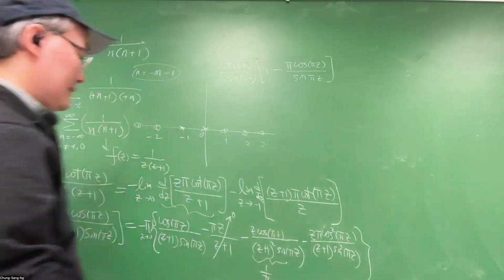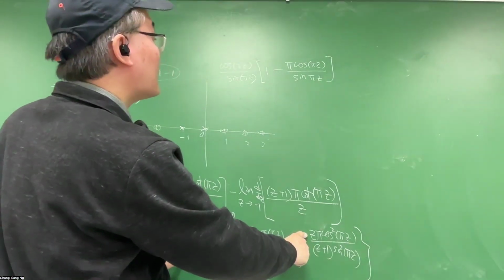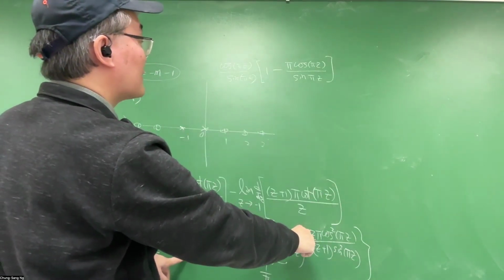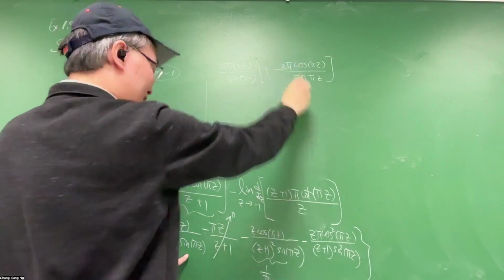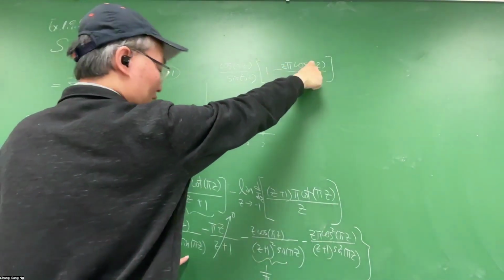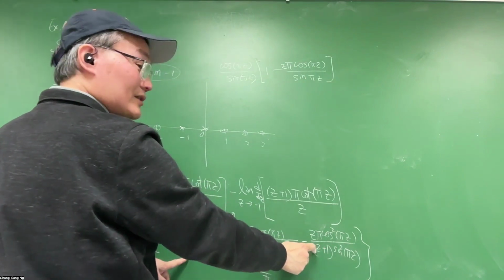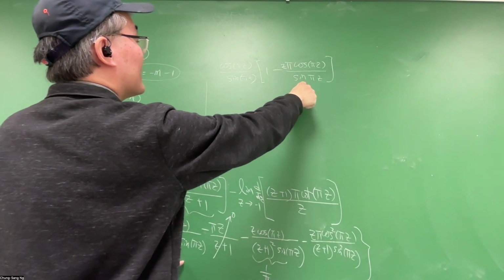Right? And did I do the derivative incorrectly? Oh, when I combine this, I forgot the z. I forgot the z. Yeah, that's why I'm getting in trouble. z pi cosine pi z divided by sine pi z. I already take the limit equal to 0. It's just this one, right?